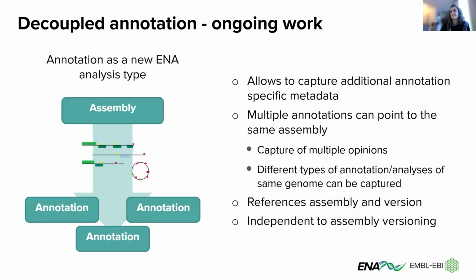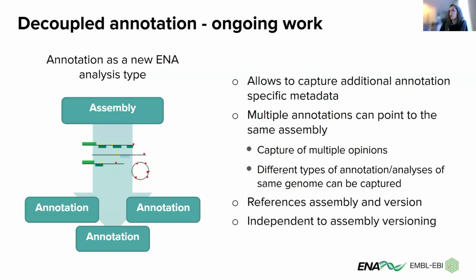What this translates to is annotation being a new analysis type. So you submit the assembly, just the sequence information, and then you can have different interpretations of the annotations within that assembly. It allows a little more community collaboration and having different views of an assembly annotation.